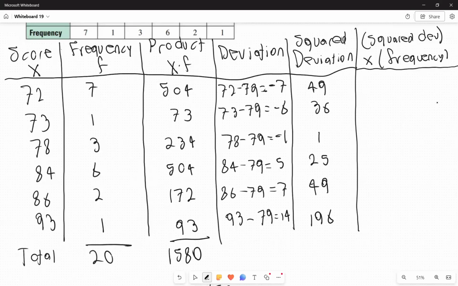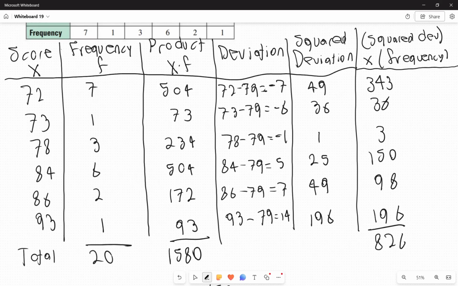So 49 times 7 is 343, 36 times 1 is 36, 1 times 3 is 3, 25 times 6 is 150, 49 times 2 is 98, and 196 times 1 is 196. We add these, already including the frequencies, and this is 826. So we have the sum of the square deviations.